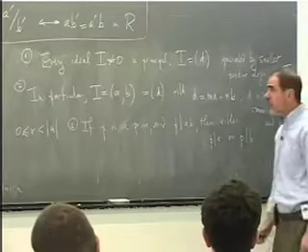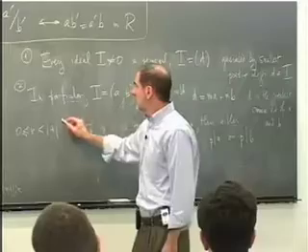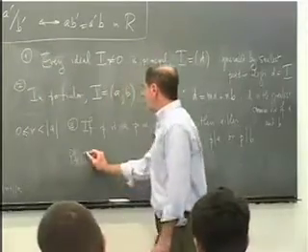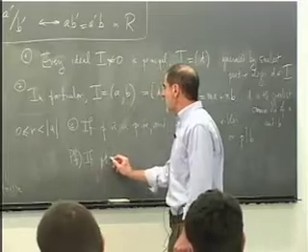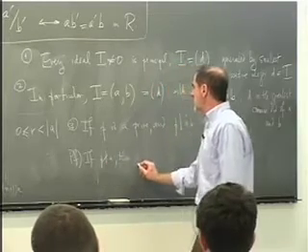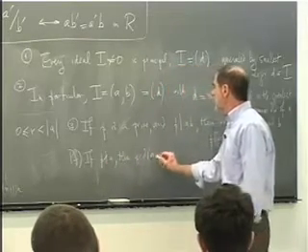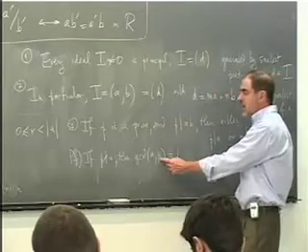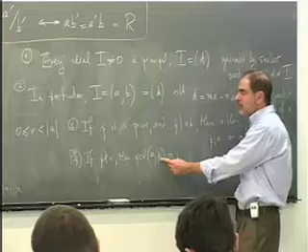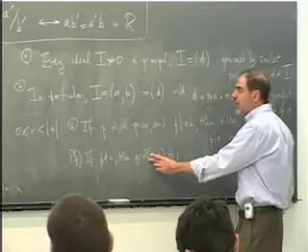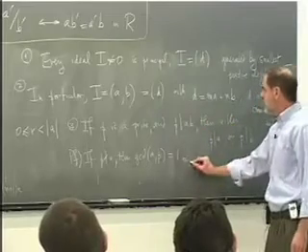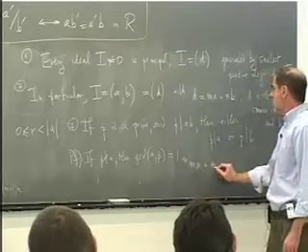And the proof of this follows from part 2. If p does not divide a, then the GCD of a and p is equal to 1, because the only divisors of p are 1 and p. So if p doesn't divide a, the largest divisor of both of these has to be 1, which means that 1 can be written by part 2 as a multiple of a plus a multiple of p.